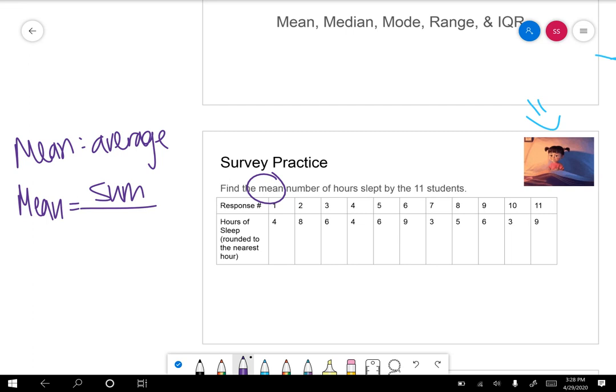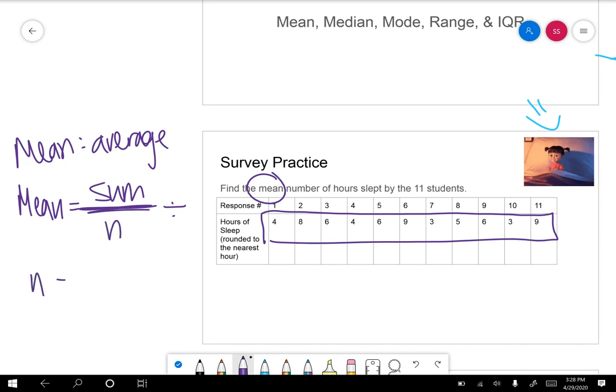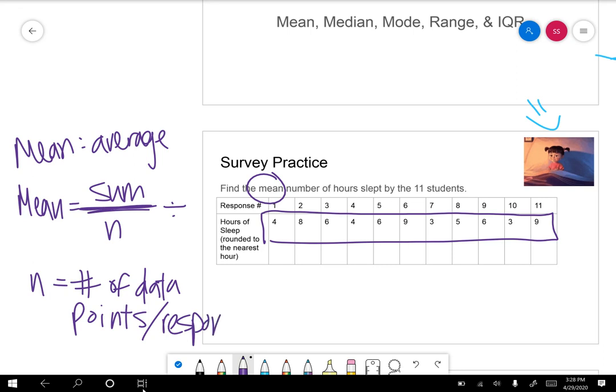So you're going to add up all of the data, the hours of sleep, and then you're going to divide it, the fraction sign is like a divide sign, by n, which is the number of data points you have, or number of responses you got.